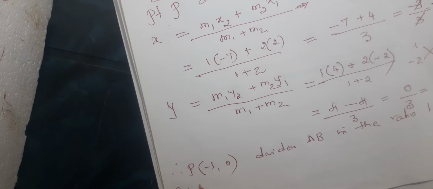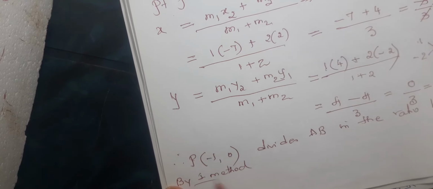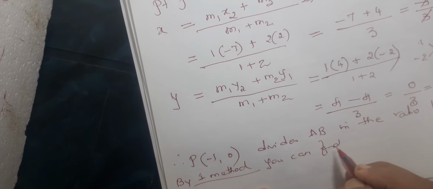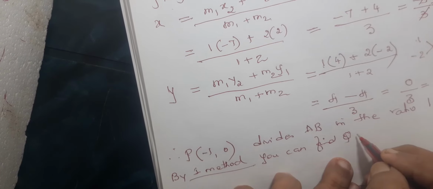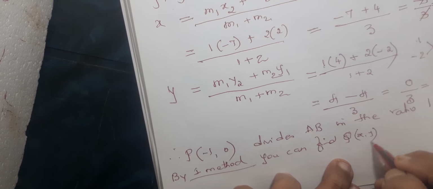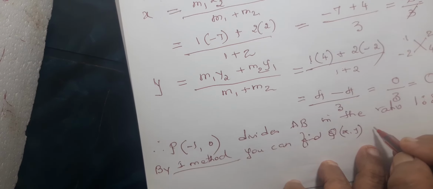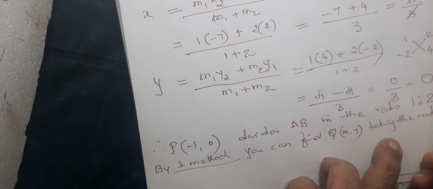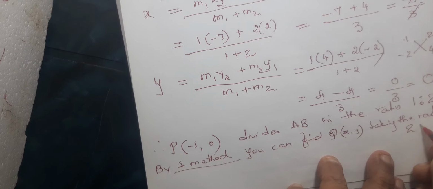So by one method you can find coordinates of Q. You can find Q xy, taking the ratio of A and B, dividing this point Q divides in the ratio 2:1.